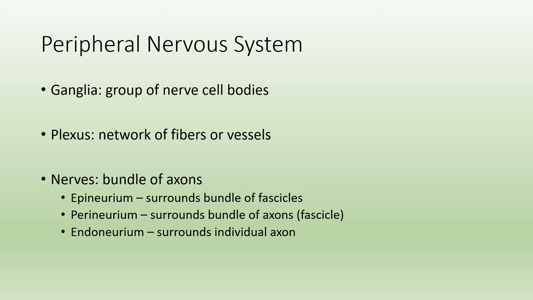When you take a group of those axons together, you put them together in a bundle. We call that bundle a fascicle. And the connective tissue around that fascicle is called the perineurium. Now you take several of those fascicles and group them together, so it's a larger bundle of all these fascicles, and that is surrounded by the epineurium.